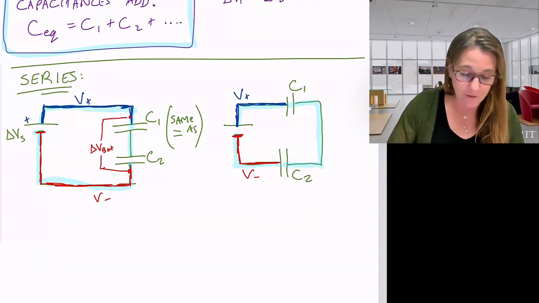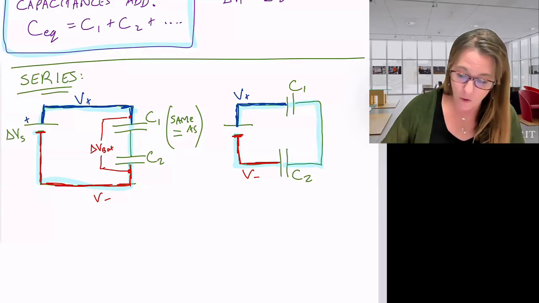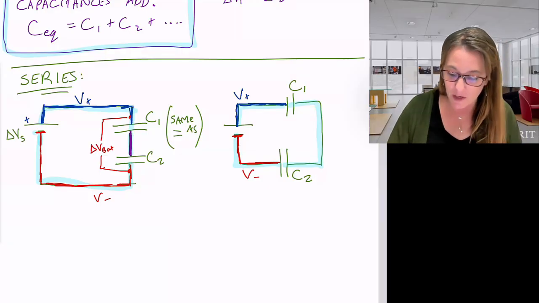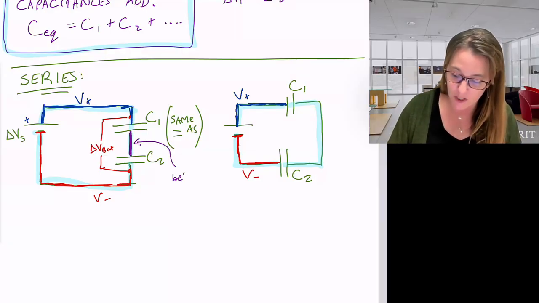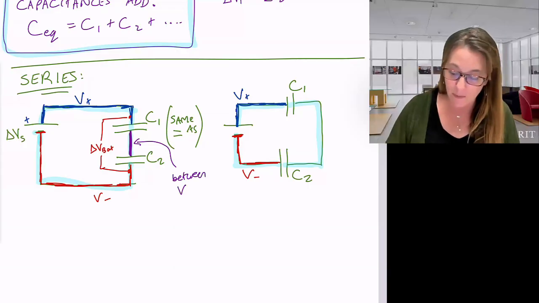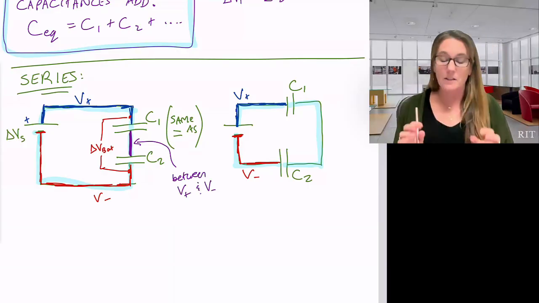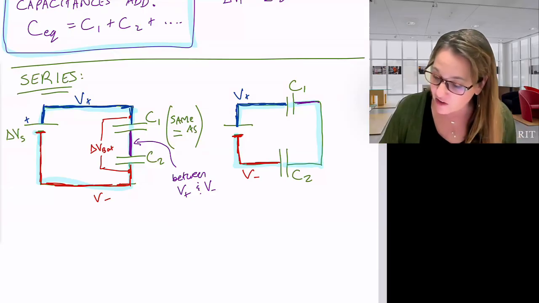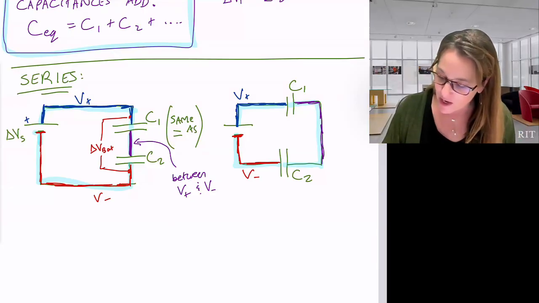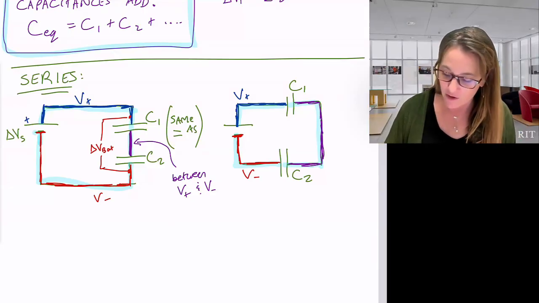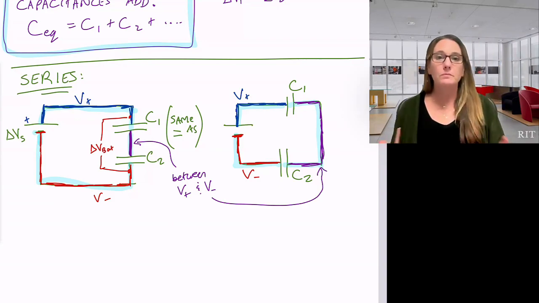And so we have to introduce a new voltage that's in the middle here. It depends on the capacitances, and it's going to be between V plus and V minus. It's like part way on this hill that we get this other value of potential.